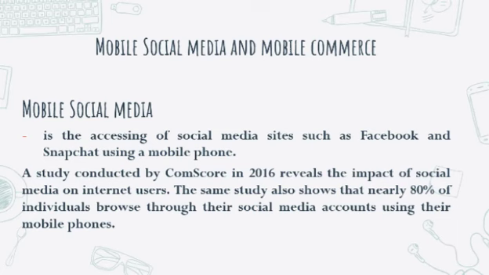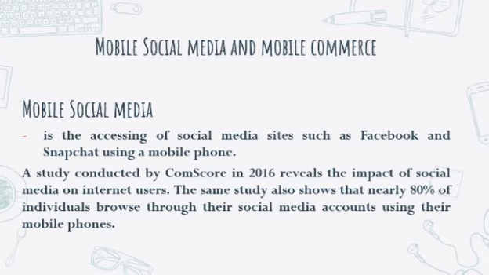Next is mobile social media and mobile commerce. So what is mobile social media? It is the accessing of social media sites such as Facebook and Snapchat using a mobile phone. The device may have an app installed to open Instagram, for example, or it can use a browser installed in the mobile device to open Twitter.